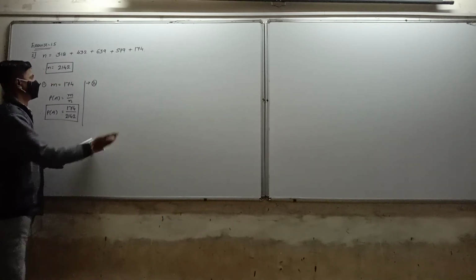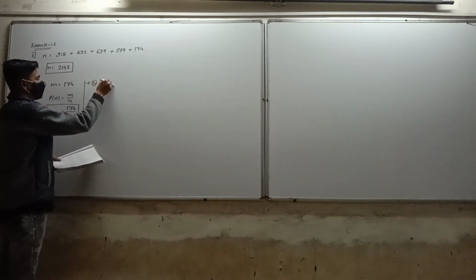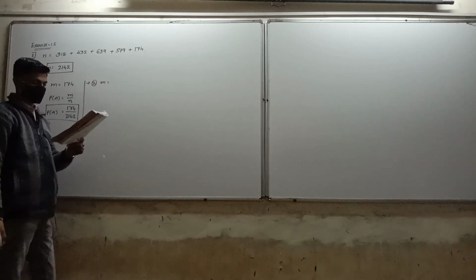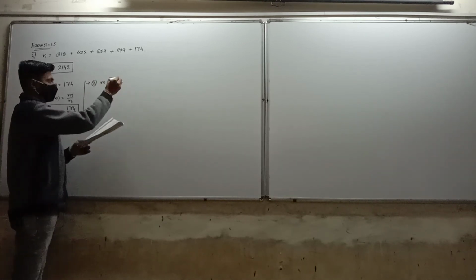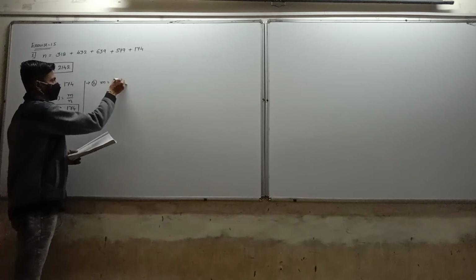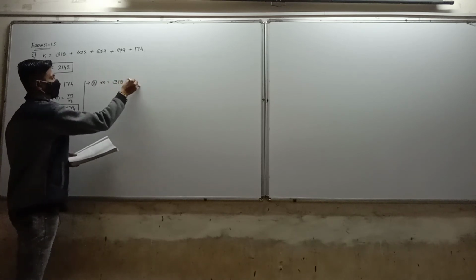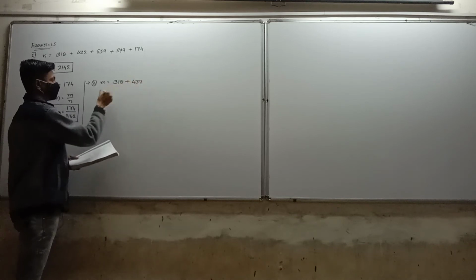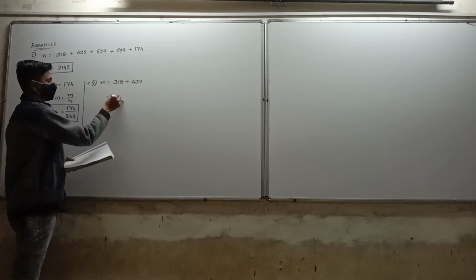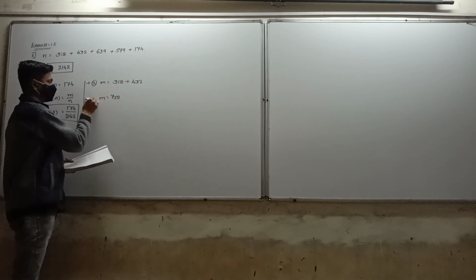M is equal to first two columns total, 318 plus 432, 750.